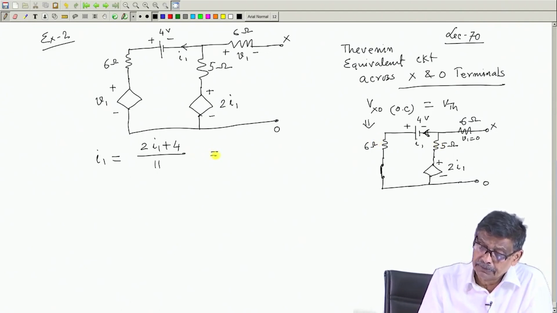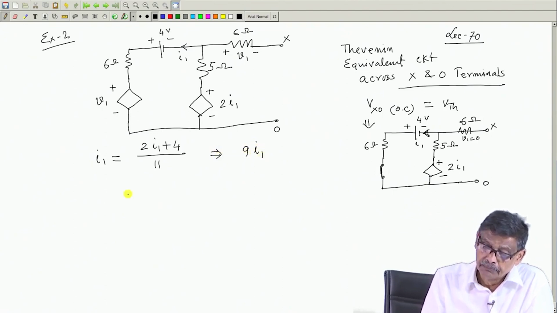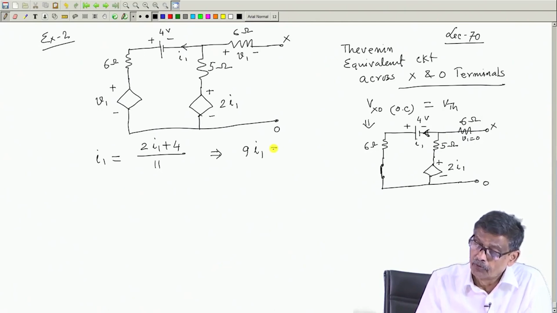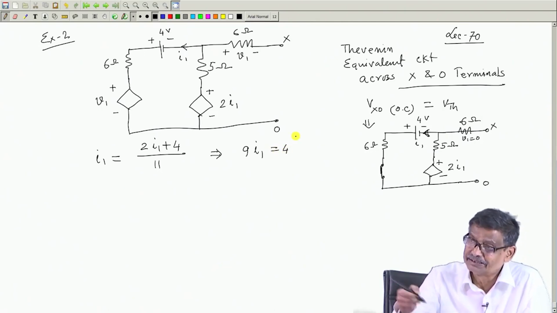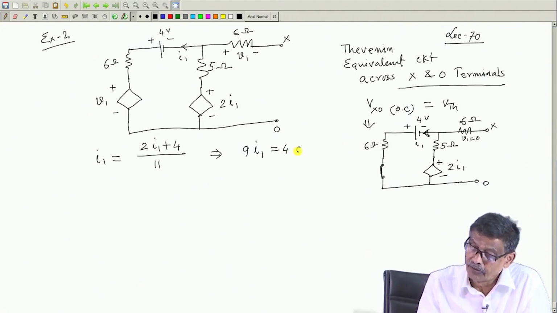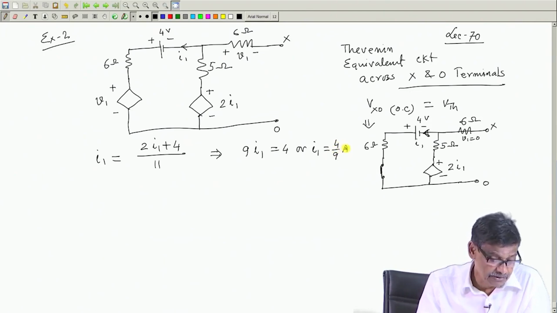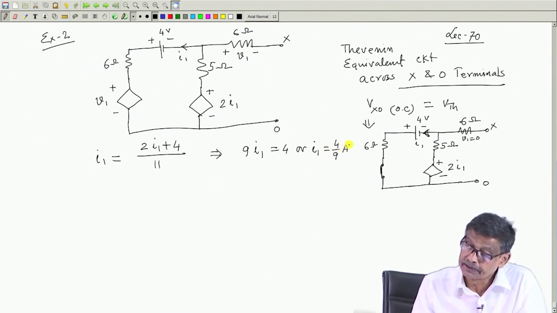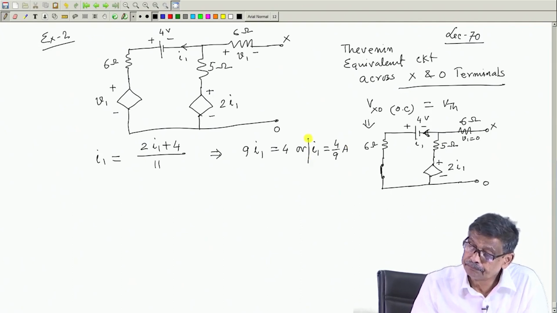So, this means 11 I 1 minus 2 I 1 is equal to 4, that is 9 I 1 equals 4. Check the number. I 1 is equal to 4 by 9 ampere. This is the thing.